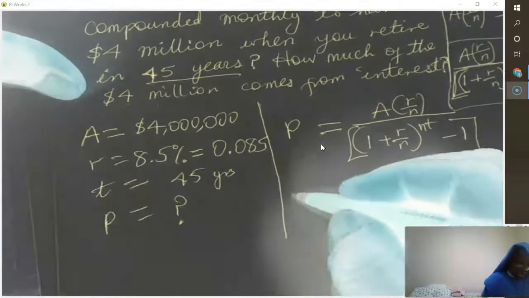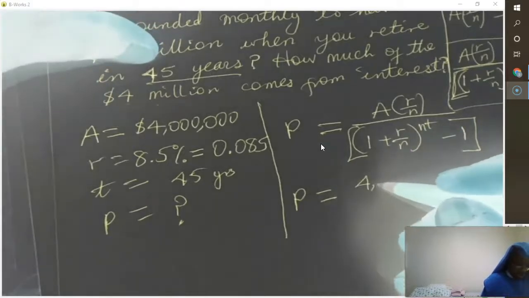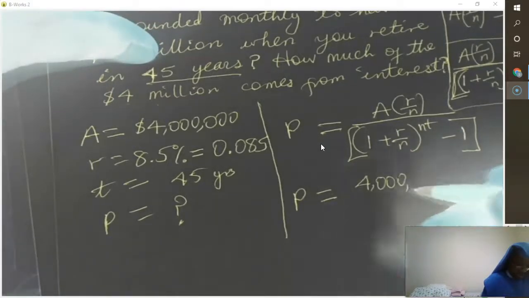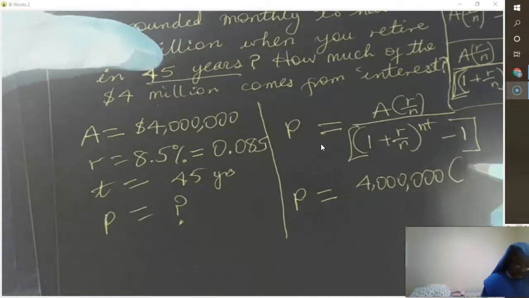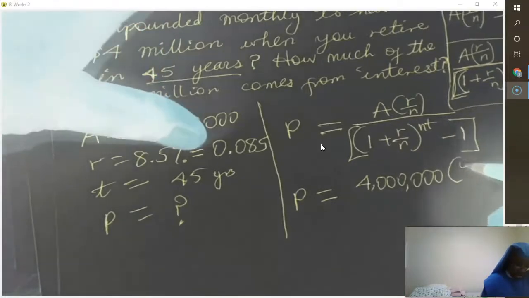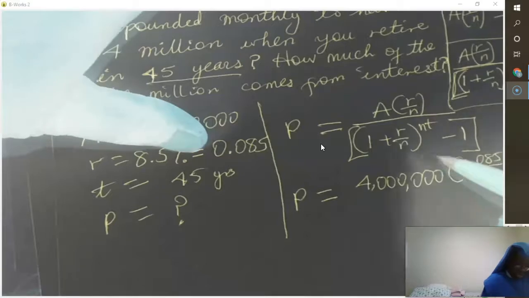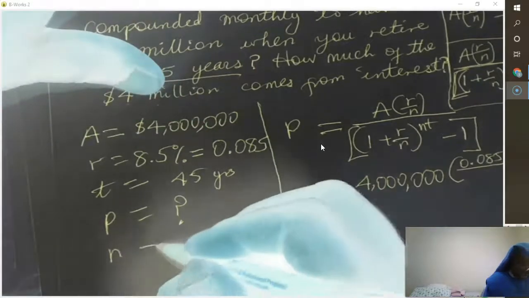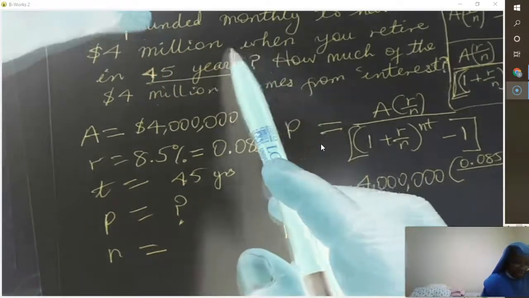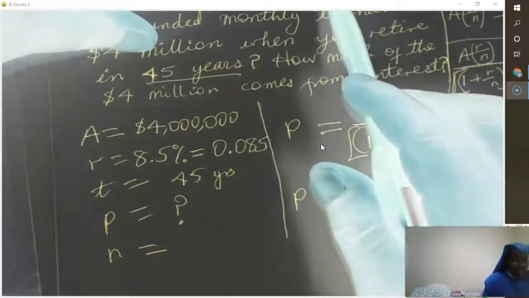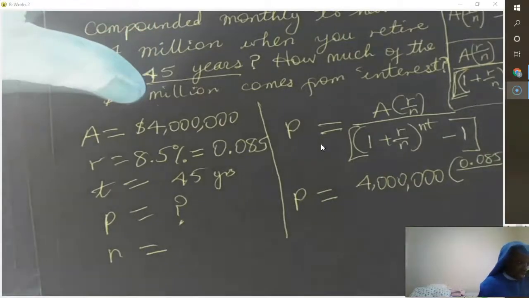Let's plug in the numbers now. The final amount is 4 million. Make sure you get the number of zeros. And r is 0.085 over n, where n is the number of times it is compounded. How many times? It says every month. How many months in a year?